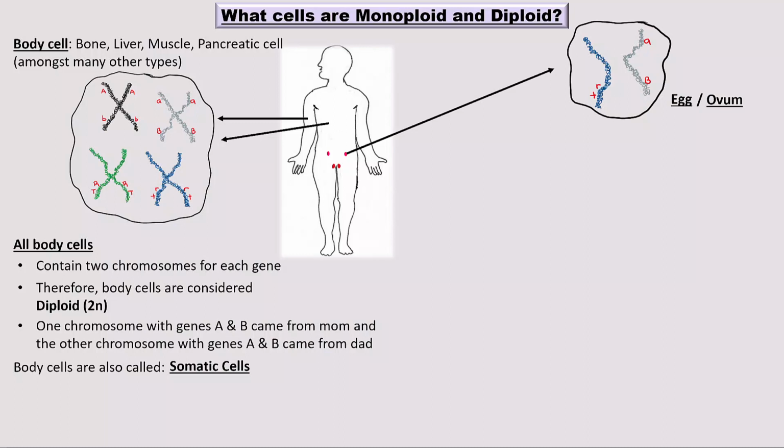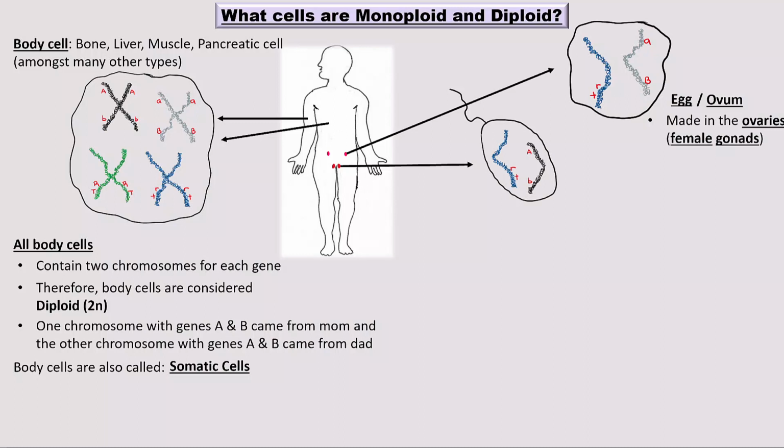An egg is called an ovum. The plural for ovum would be ova. They're made in the ovaries, which are the female gonads. In the males, these cells are made. Sperm. Sperm are made in the male gonad called the testes.